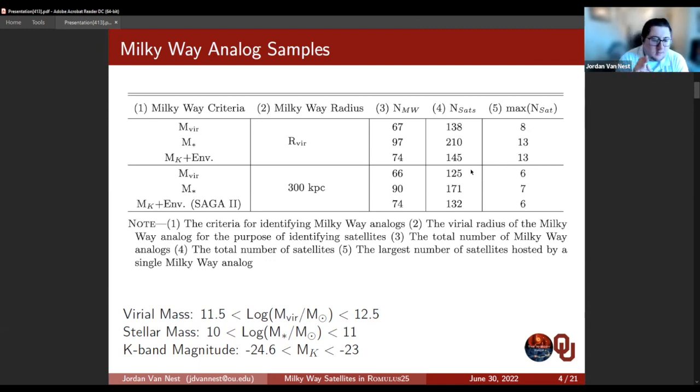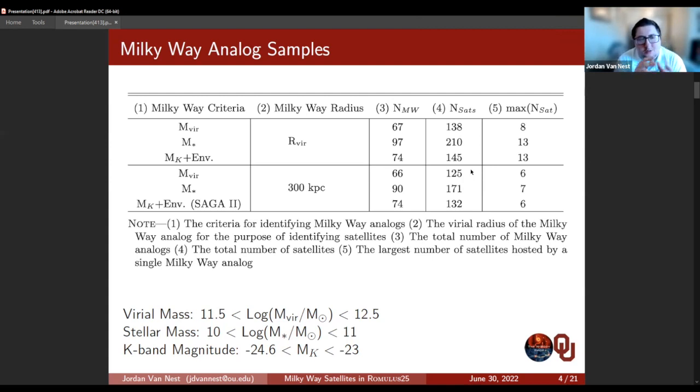The third property criterion was a K-band magnitude cut on anything between -24.6 and -23. But the K-band cut also had some additional environmental restrictions put upon it. Those K-band values and environmental restrictions actually come straight from the SAGA 2 paper, so this is our mock SAGA observations for our simulation.